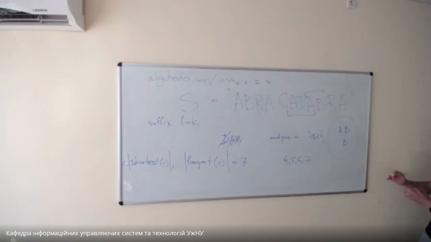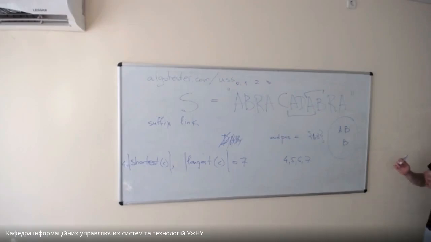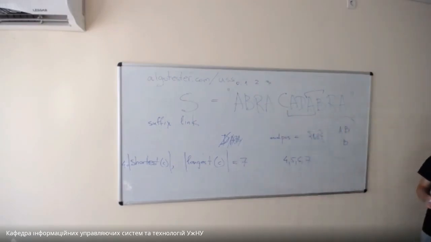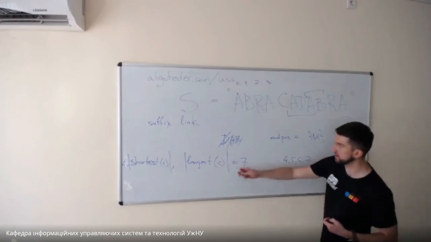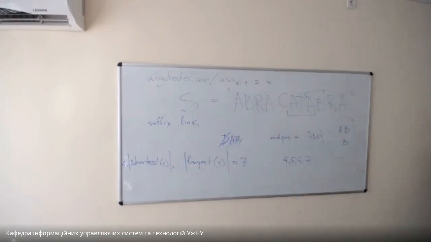Which means that actually we can represent a class of equivalence with just a few properties. First of all, the longest string which represents the class, and then the shortest string of that class.